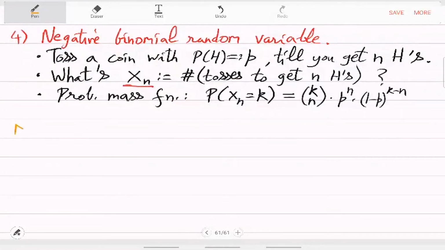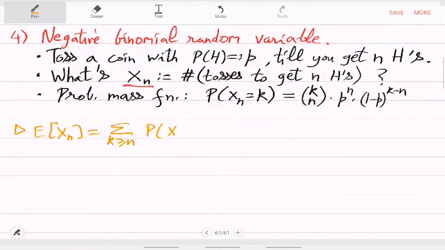which gives you the expectation. To get n heads you need to toss at least n times.